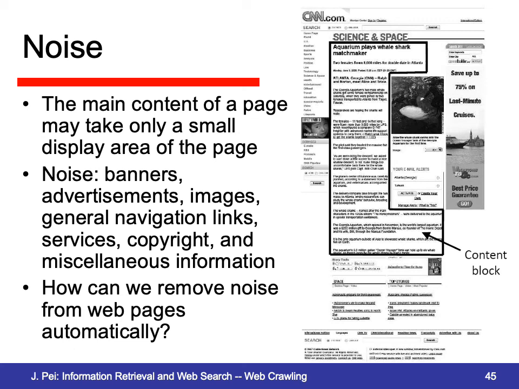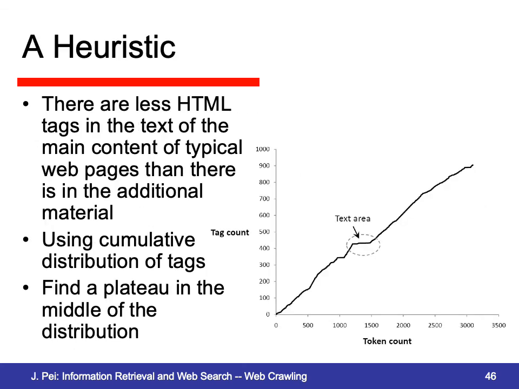One approach is to use a heuristic. The idea is that you can look at the HTML tags in the text of the main content of typical web pages, and the heuristic says there are fewer HTML tags in the text of the main content than there are in those additional materials. So one thing you can do is use the cumulative distribution of the text.